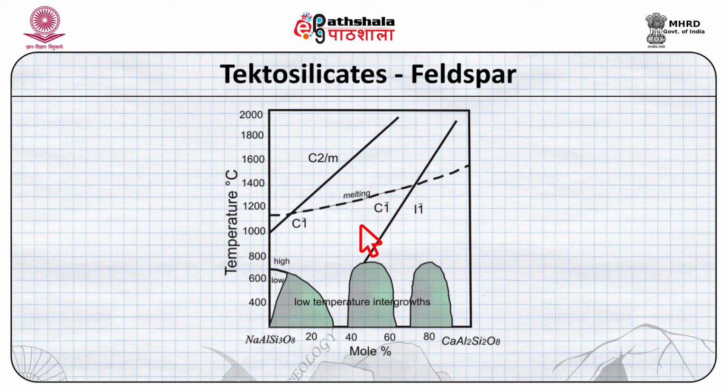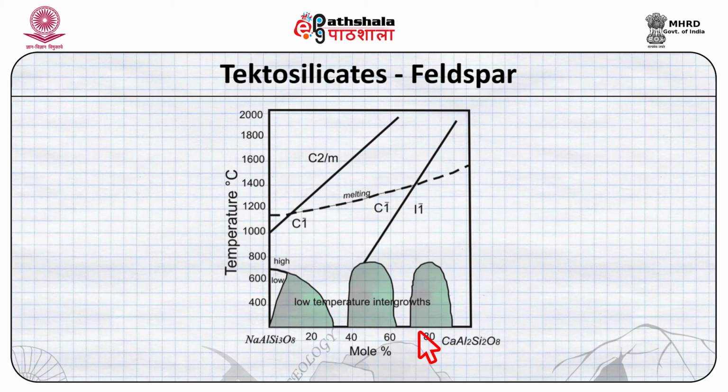Now, in this diagram of the plagioclase feldspar, if you look at the lower part, there are certain areas which are indicated by irregular lines. These represent the differences between sodium and calcium ionic radii: calcium is a smaller cation, sodium is a larger cation.